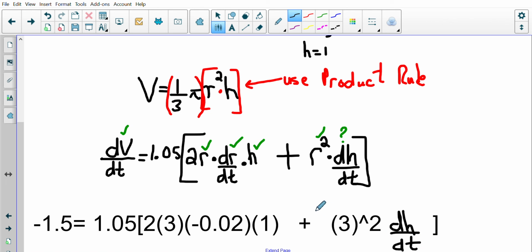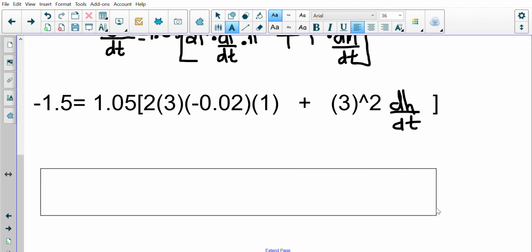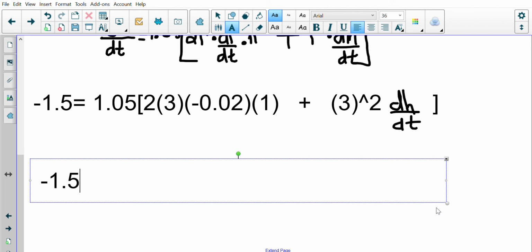All right. Now, to simplify this, it's going to simplify real fast here, I think. So again, I've got my negative 1.5 is equal to, I've got my 1.05, which I'll worry about after. Then I'm going to multiply 2 times 3 times negative 0.02 times 1, and I get negative 0.12.